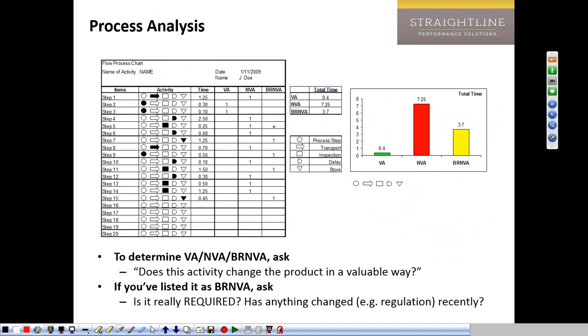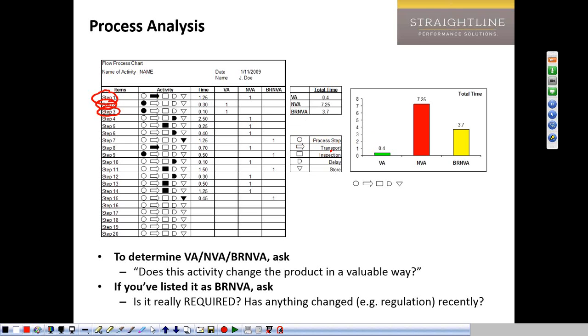Okay, so here's what it is. You basically list out all the micro steps of the process, and you include 5 different things. You're including as part of the process not only the process step itself, which is written by a circle, but also anytime there's any transportation, you write that down as an explicit step.